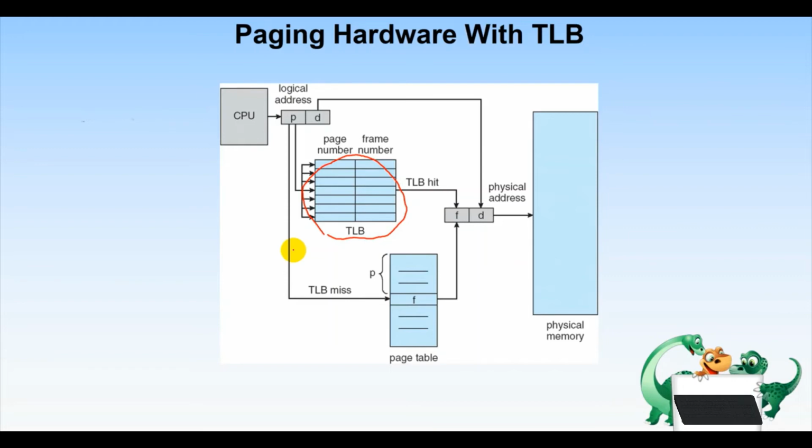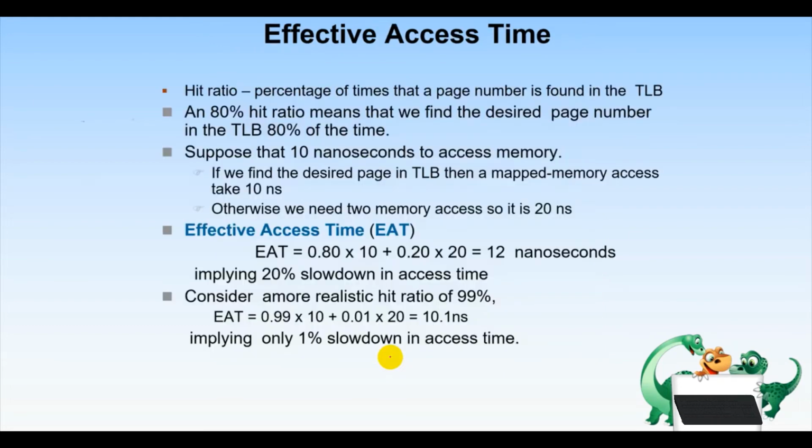To come up with the address in physical memory, we now have two tables: one with a TLB, and the existing page table used previously. They combined the TLB with the page table.